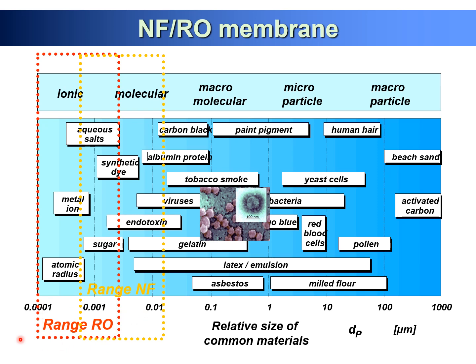This is the range of nanofiltration and reverse osmosis. Nowadays the coronavirus is one of the big issues. Virus size is 0.005 micrometer to 0.1 micrometer. The coronavirus is around 100 nanometers in size, 0.1 micrometer.